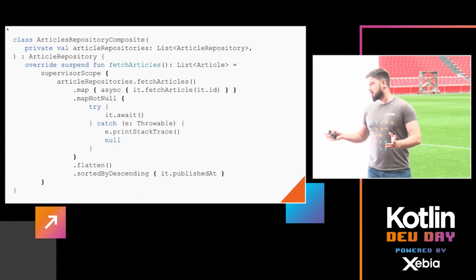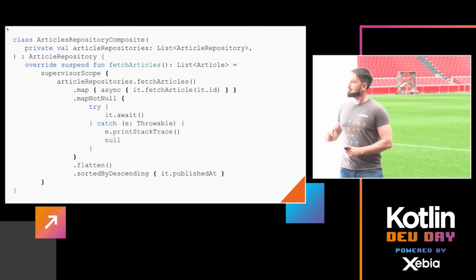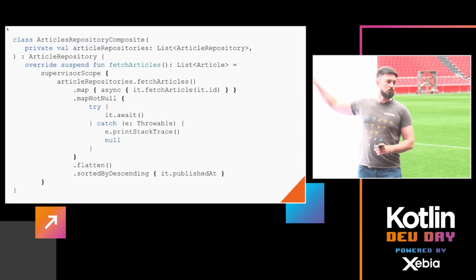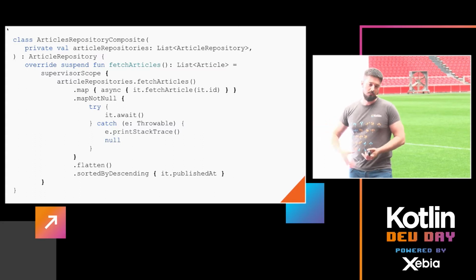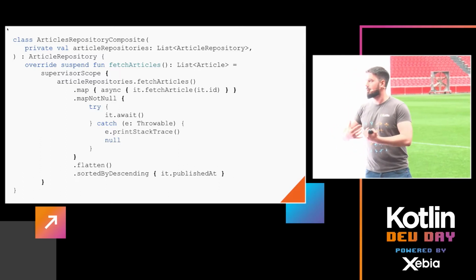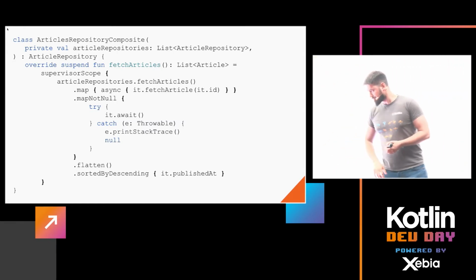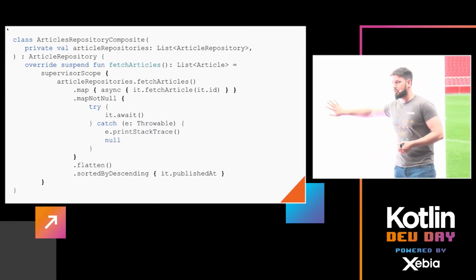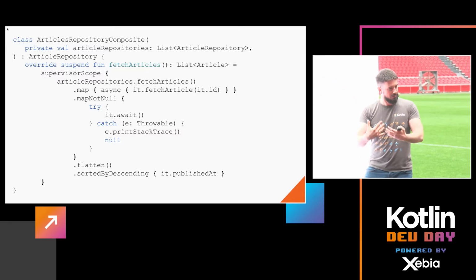A strange case, and a case that you should know, is what if you have async calls and you would like to ignore exceptions in one of those calls. I hope it's clear that the regular case would be to use coroutineScope and async await, and an exception in a single one would cancel the others, which is generally expected, generally what we want to have.